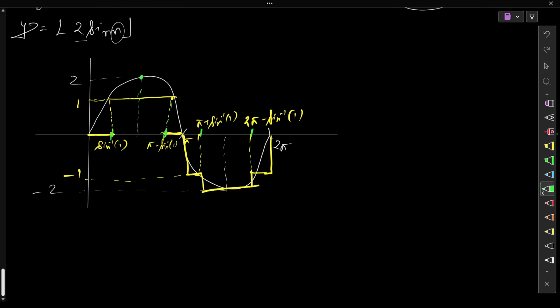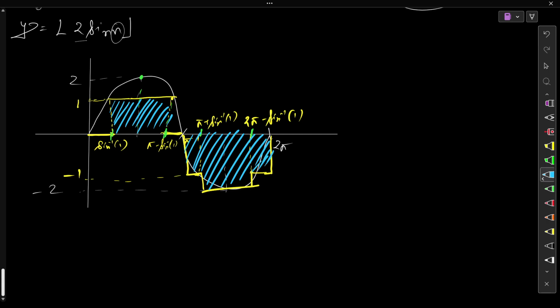Okay, so if I look at the area, this would be the area under the graph, right? And in this case the area would be this one. So for y equal to floor of 2 sin x, I'm plotting out the graph.